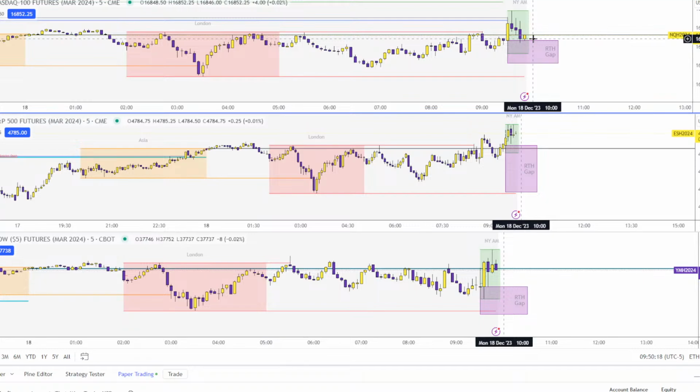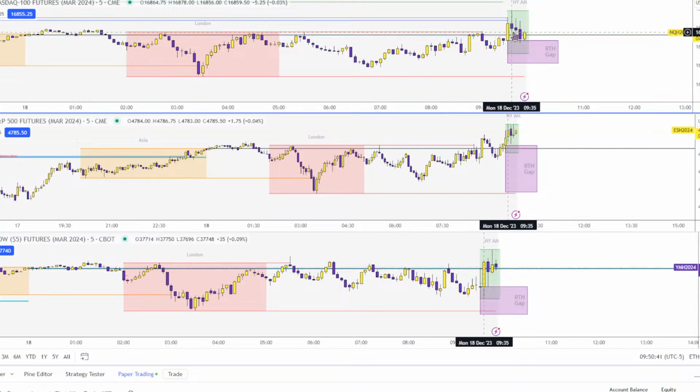Now I want to see this body, this fair value gap is still supporting price. I want to see that kind of break down and give you your trade low. So look for this inversion fair value gap to hold price or not to hold price. You're shorting this or are you longing this?